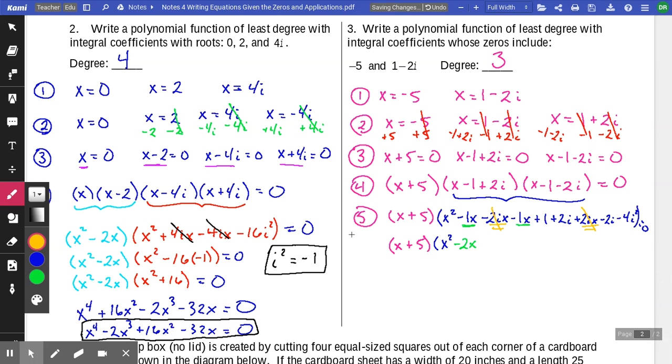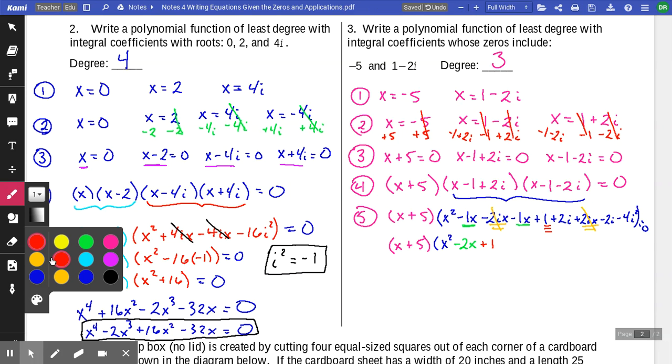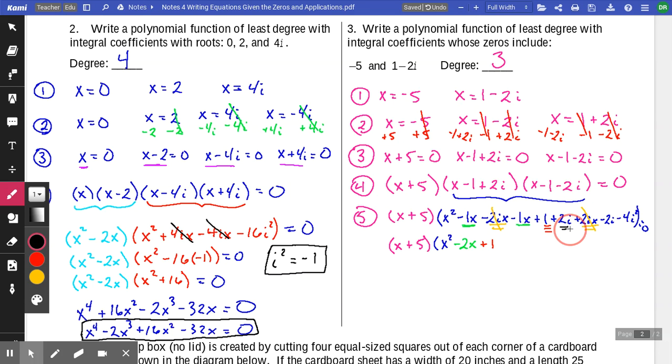So we don't have to worry about those anymore. Okay, so let's go another step. We have a positive 1 here, and we don't see anything else that has a 1. That's just a number, so we can put that plus 1. And then another good thing's about to happen. We have a positive 2i and a negative 2i.